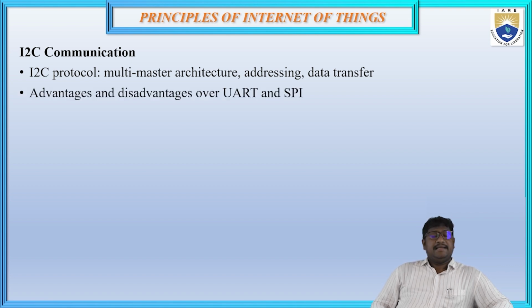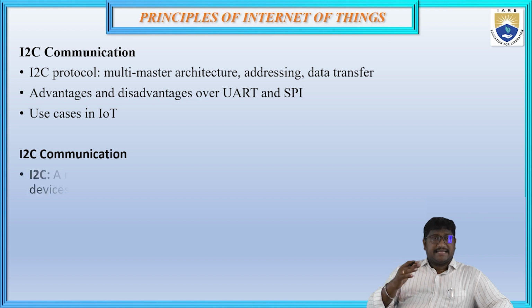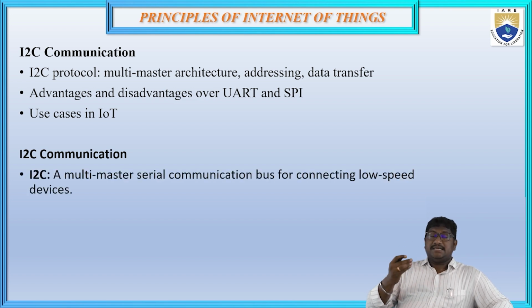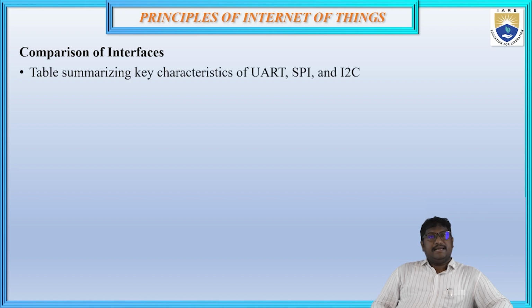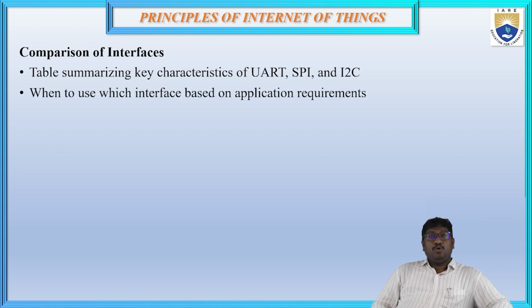Along with that, the advantages and disadvantages of UART and SPI, and some use cases which I am going to show you there. And I2C communication is a multi-master serial communication bus which is connected with low-speed devices. This is how these three communications are, and how the interfaces compare. I will show you a table which is going to tell you about the key characteristics of UART, SPI and I2C, and how to use these whenever the application requires.